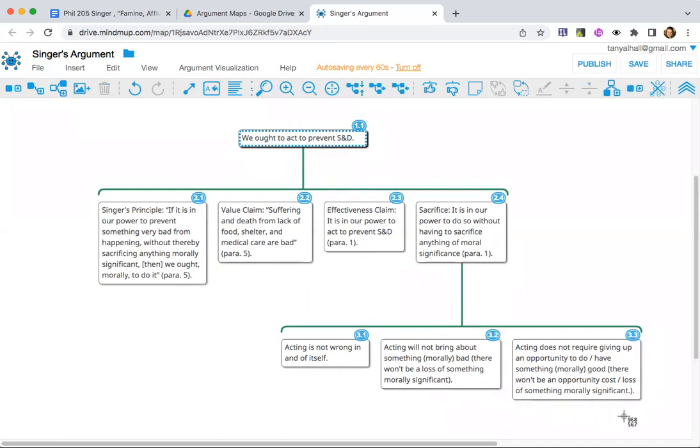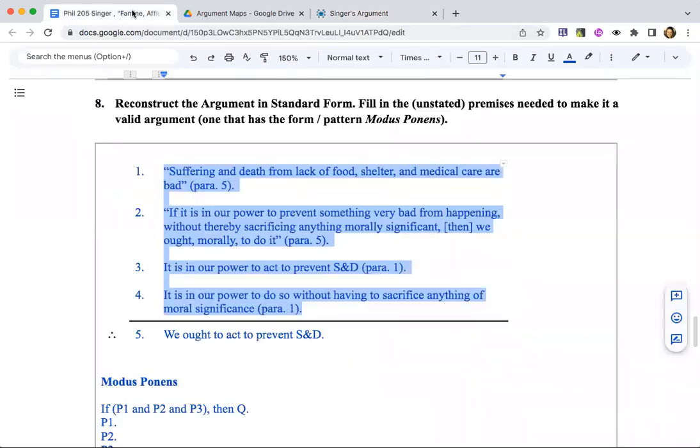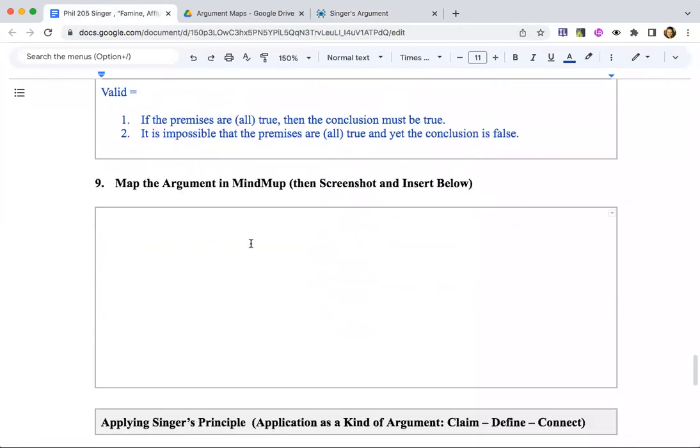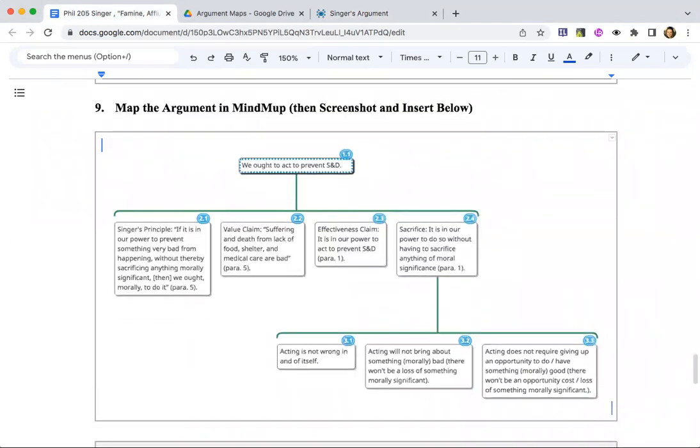And you can just take a picture just of this. And now I've taken a screenshot, and I can drop that screenshot into my worksheet. You can also go to Insert, Upload Photo, but I know where my screenshots go, and I'm just going to quick drag and drop it here. So there's my map of Singer's argument.